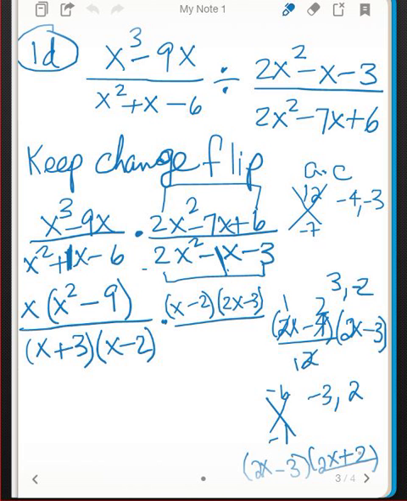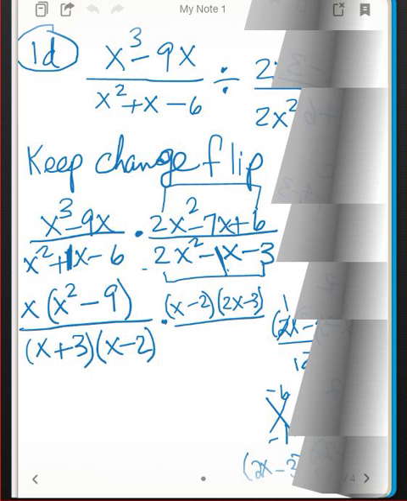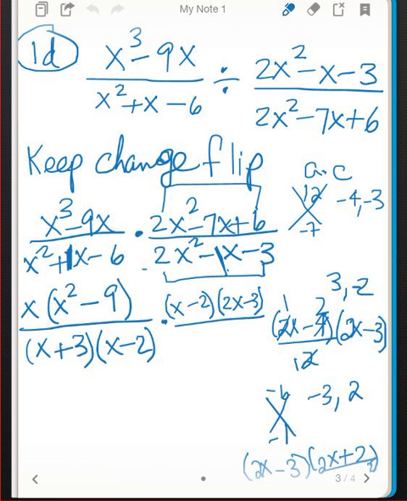So we divide by 2. So we cancel. That 2 becomes a 1, and that 2 becomes a 1. So it gets factored into 2x minus 3 times x plus 1.